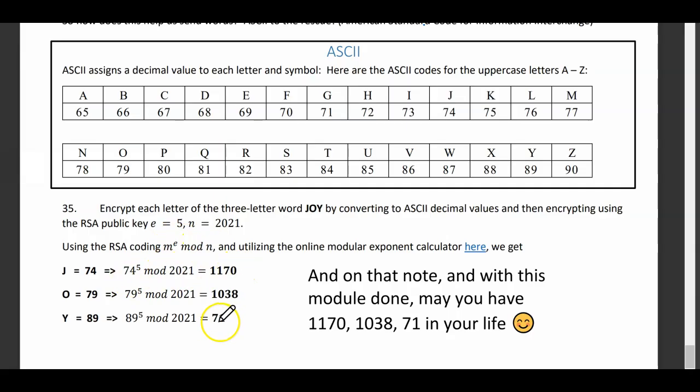You get these numbers, and then you could send that to the person who gave you the RSA public key stuff. They would know their decryption. They know their D, whatever it is. And they could decrypt this to get back to these numbers that they can look up in the code and see, oh, they sent me joy. Isn't that nice?